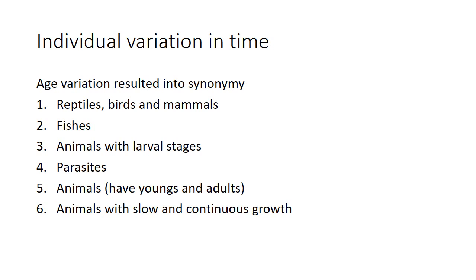So the taxonomic identification of the larval stages of the parasites is also of great importance and of great difficulty, in which different stages occur on different hosts. Age variation is not restricted to differences between larval stages and adults, but also occurs between young and old adults.